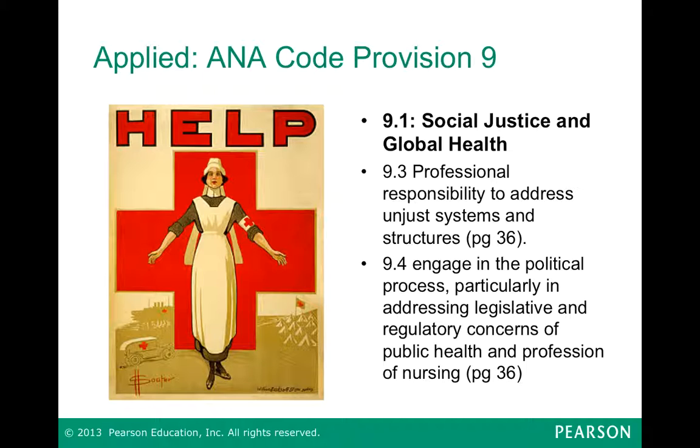In Provision 9, this is extended to issues around social justice and global health. And there really is indicated a professional responsibility to address unjust systems and structures. And in 9.4, to engage in the political process, particularly in addressing legislative and regulatory concerns of public health and the profession of nursing.